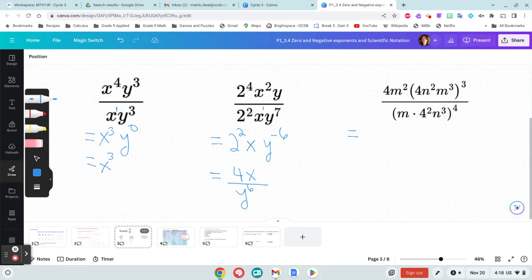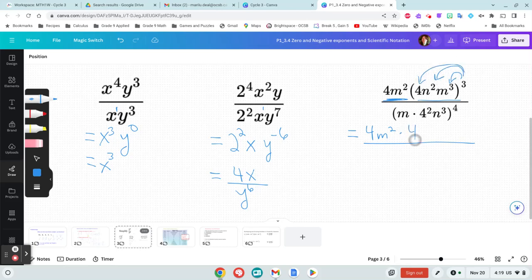Okay, so let's look at this example. So lots of things going on here, so I'm going to do it step by step. So in the numerator, there's two different things. There's this 4m squared, and then we have this bracket. So my 4m squared, nothing is happening. But then I have my cubed out here. So that's going to impact everything inside.